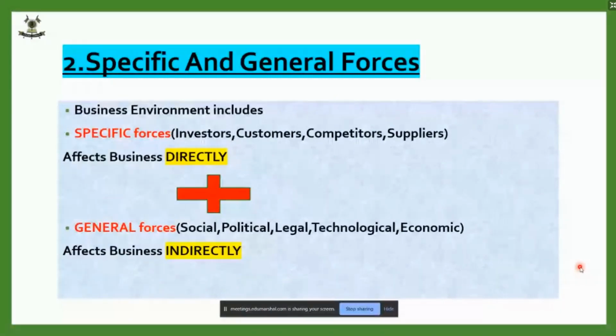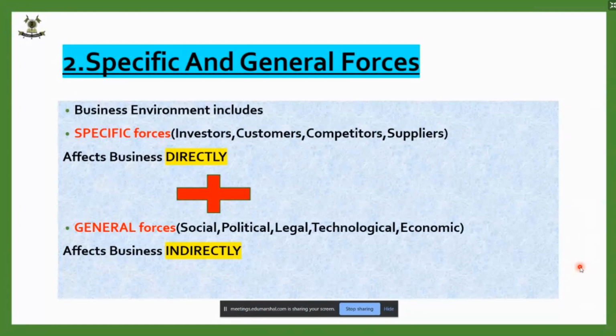Customers, very important. If the customers are not happy and they withdraw their support, they reduce the demand of the product, immediately the business is going to be negatively affected. The sales are going to reduce. If the sales are less, the profit level is going to be less.